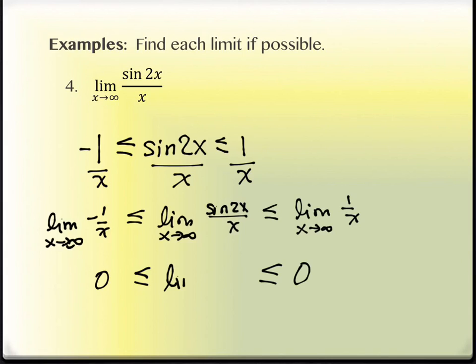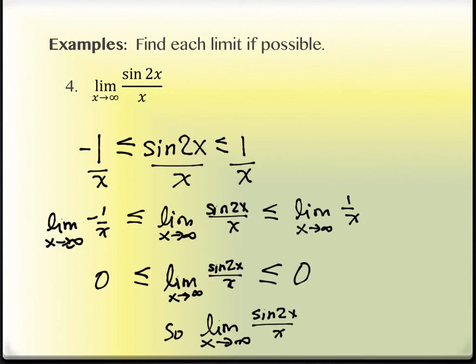This limit is sandwiched, hence the name of the sandwich or the squeeze theorem. You hear it called both. It is in between. So the limit as x approaches infinity of the sine of 2x over x is equal to 0. Isn't that clever? We turned a trig function into something in rational form that we already could do.